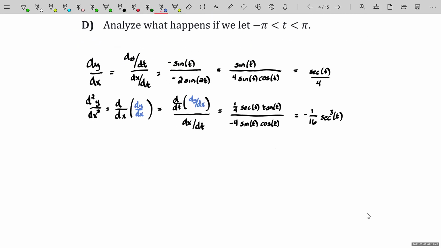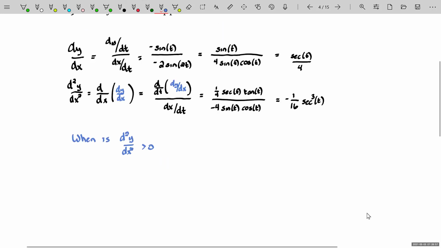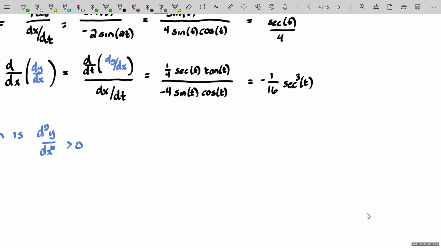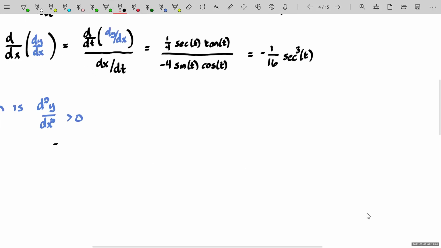Let's go ahead and answer that question. I'm going to write that question in blue here. When is the second derivative of y with respect to x positive? If you take a look at that, that's really basically asking when is -1/16 secant cubed of t positive?